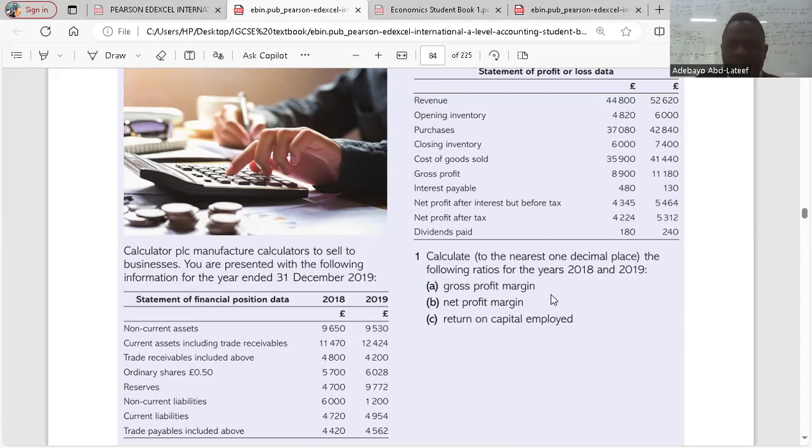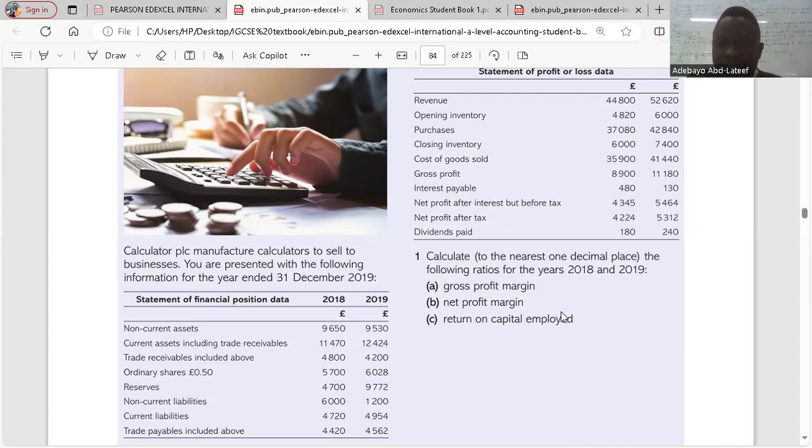That will give us the final answer for return on capital employed. That means 4,555 divided by the sum of non-current liabilities plus ordinary shares plus reserves. Whatever we get gives us our return on capital employed for 2018.